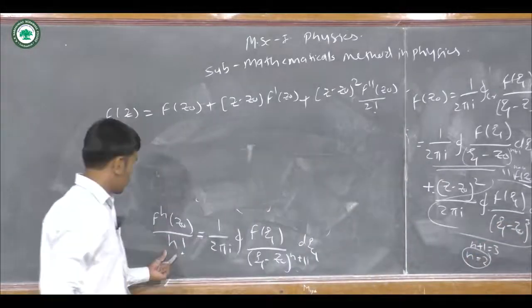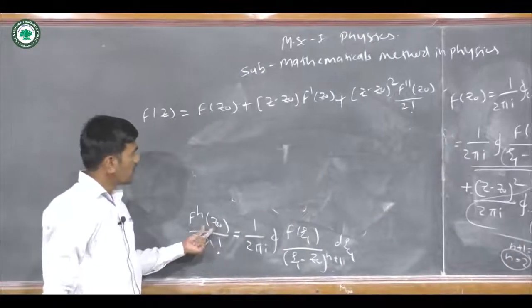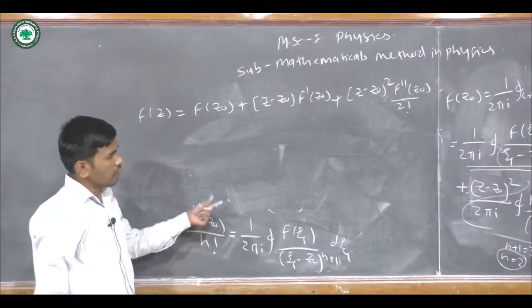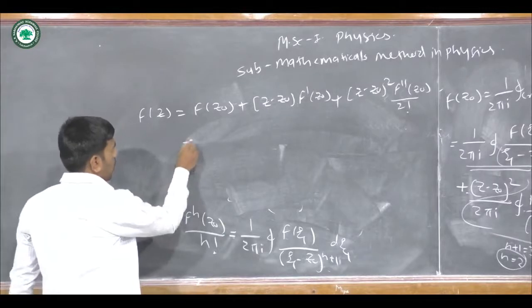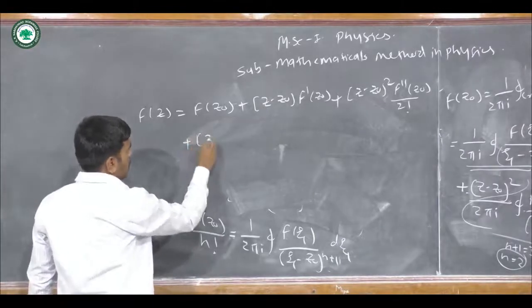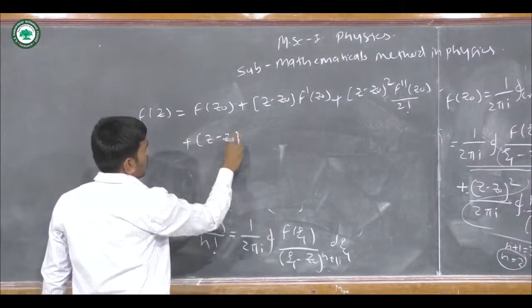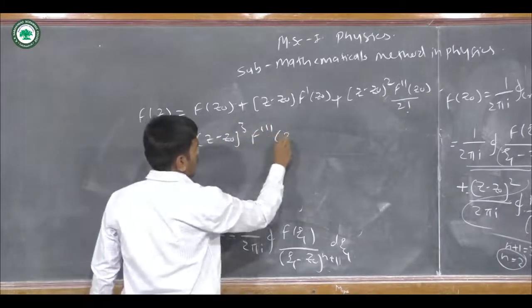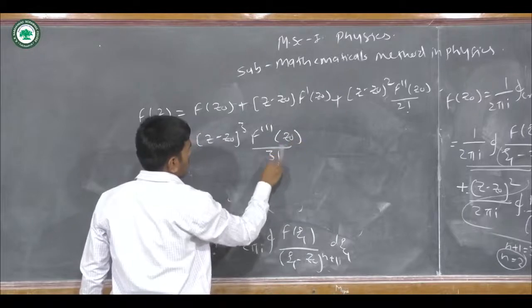Here the power is 3, so n is equal to 2. So from this f n z naught, n is 2 primes and n is equal to 2 factorial. Similarly I write for the next term, z minus z naught power 3 f triple prime z naught divided by 3 factorial.